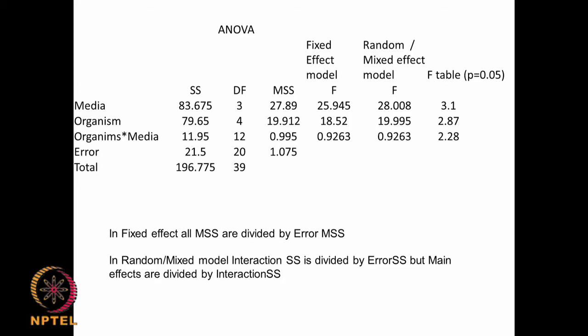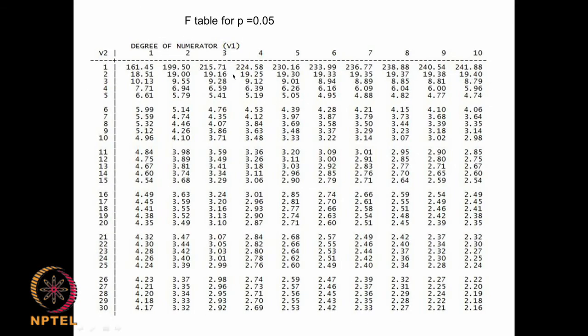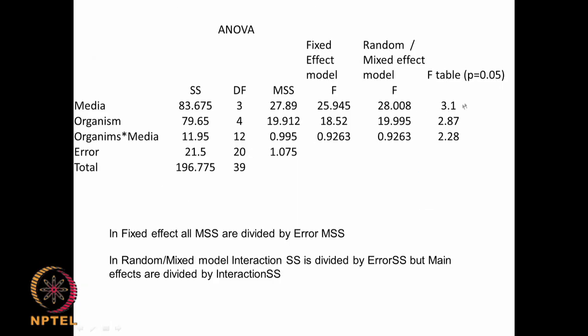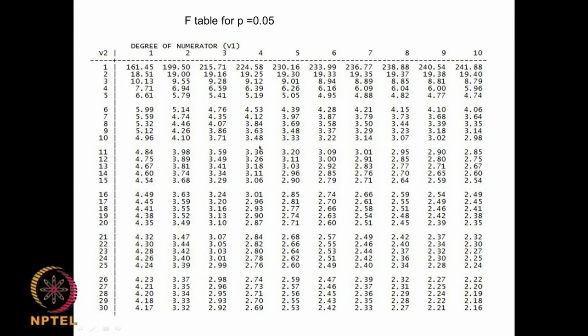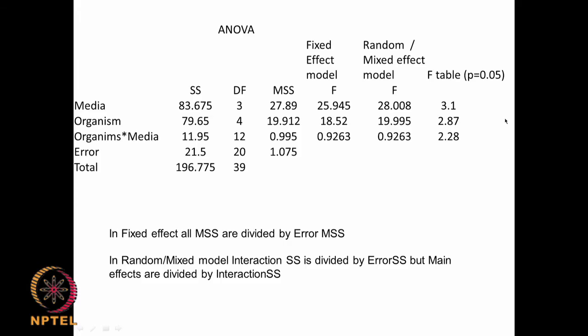So for 3 and 12 degrees of freedom you will use 3.49, and 4 and 12 will be 3.26. Do you understand? Because your degrees of freedom have gone down, the table values are higher.